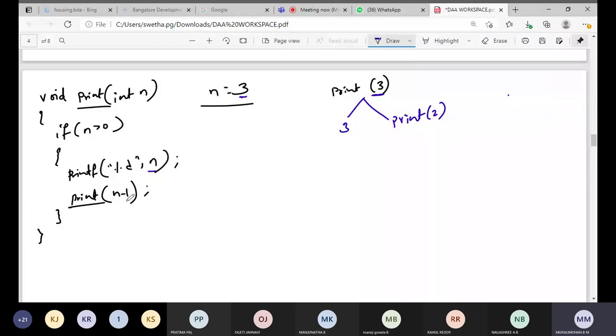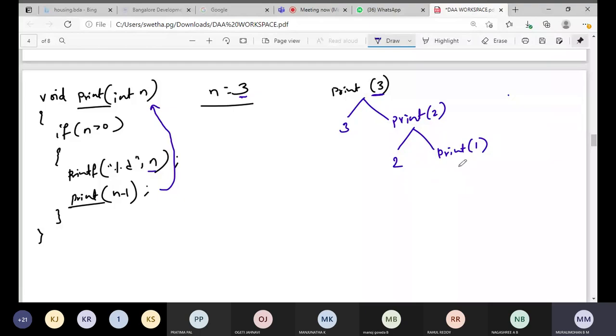So again it will call this same function. When we execute this, it will print 2. Again it will call print of 1, right? Yes or no?